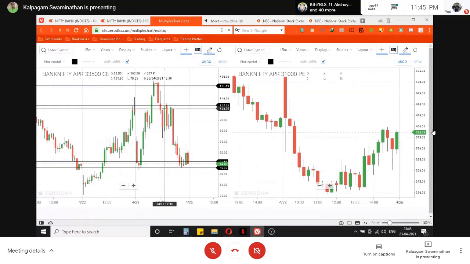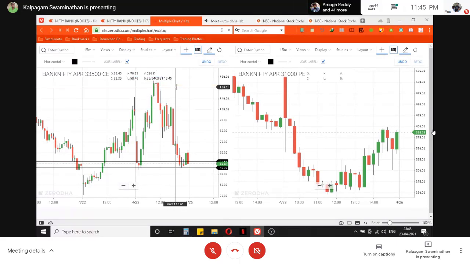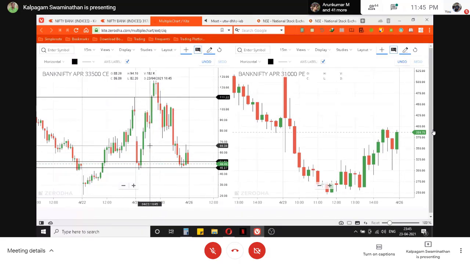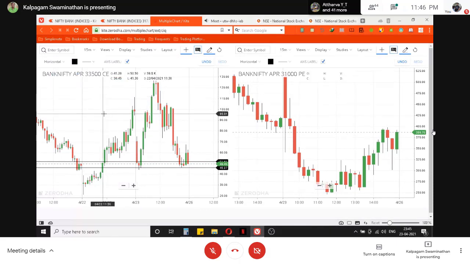As long as your MTM is green, either your target should get hit or your stop loss should get hit. You may decide after the low of this green candle, I don't want to stay in the trade. You say, this is my level, I'll exit. You made a profit, you exit.